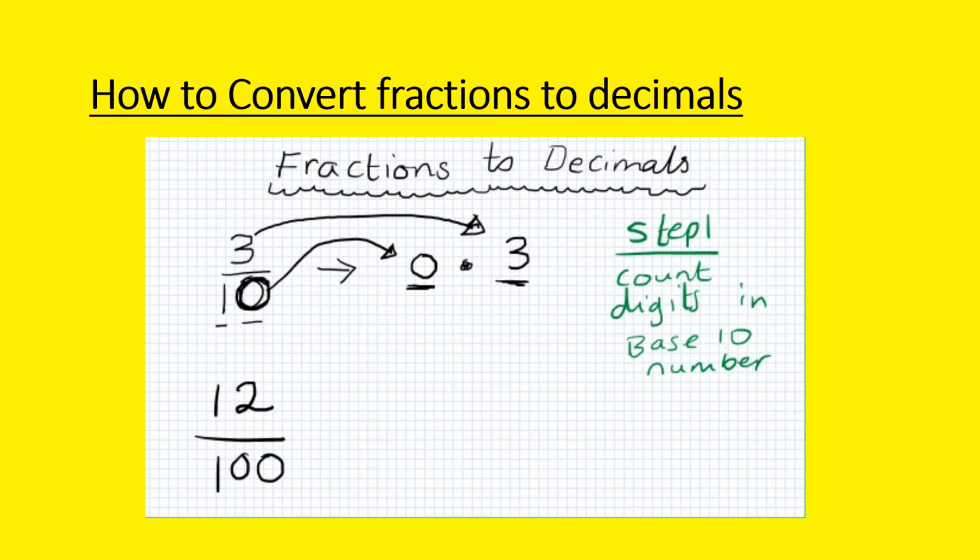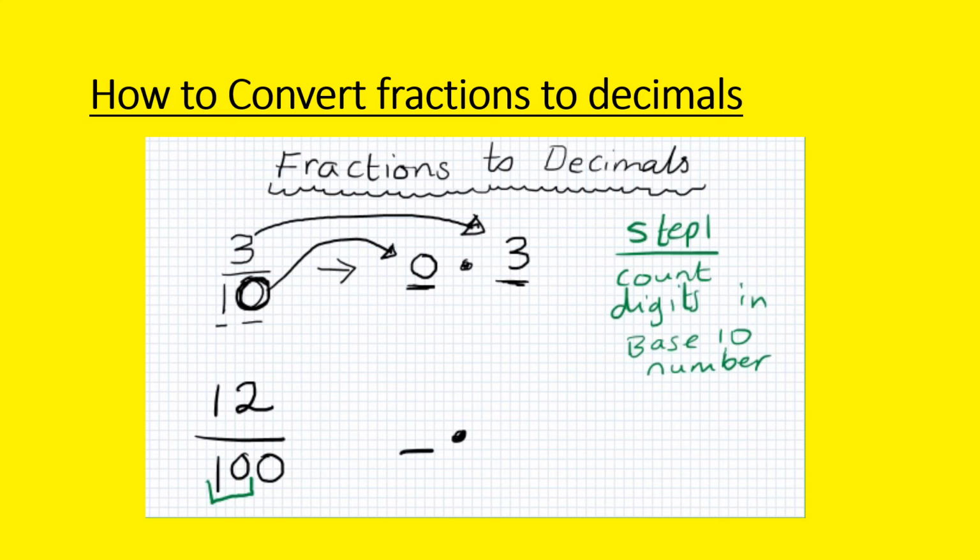Now earlier on we looked at our new vocab, and that was the base 10 numbers, and this is a base 10 number because look, it starts off as 10, multiply it by 10 again, and it gives us 100. So this is our base 10. Any number with a 1 followed by lots of zeros. This one has got 2 zeros. So what do we do next, folks? We are going to get our decimal point ready, and we're going to count how many digit spaces we've got. 1, 2, we've got enough here for 3 digits.